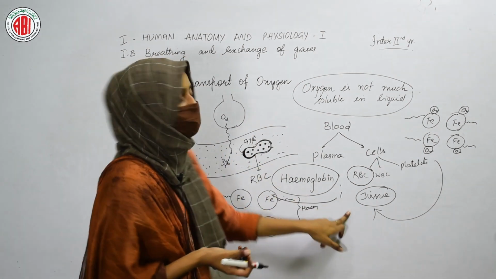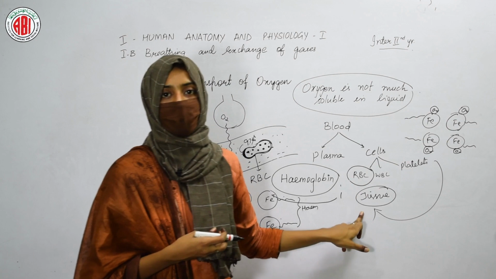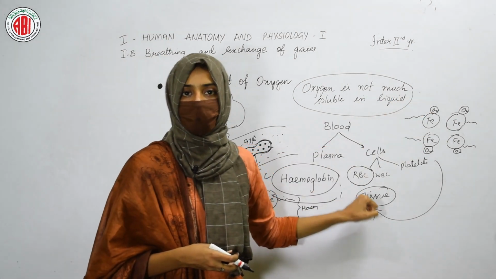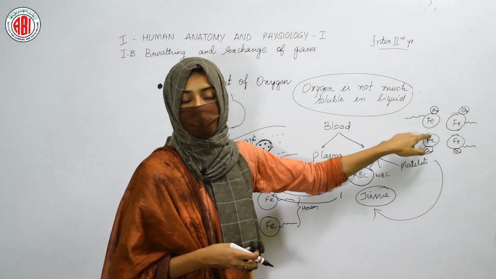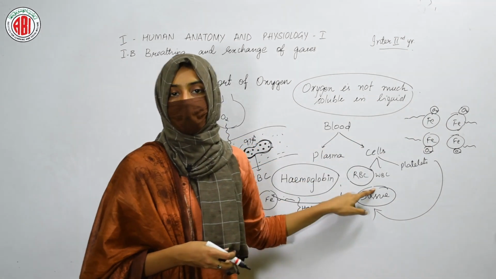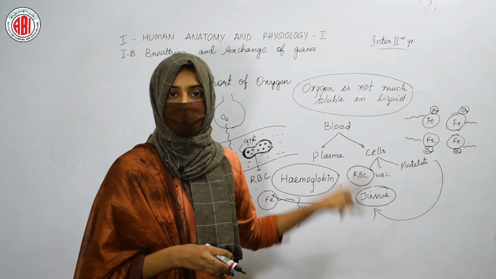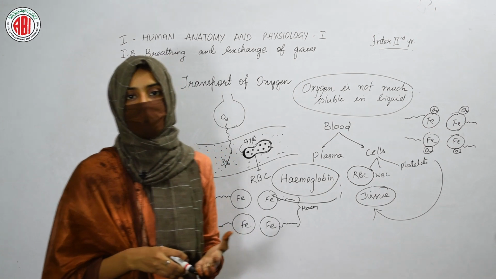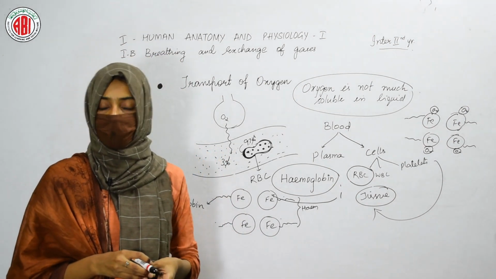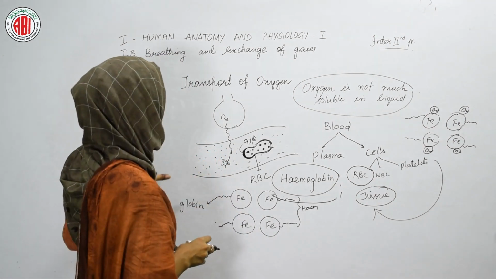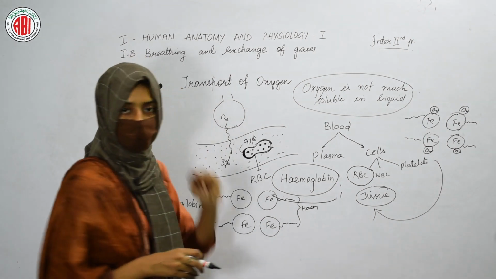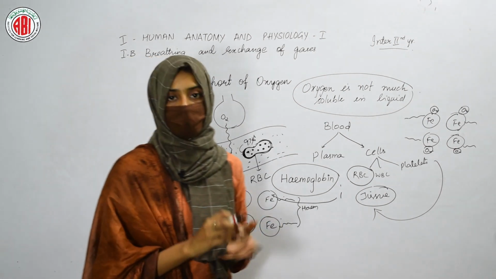But when the tissues require oxygen, at that time the oxygen leaves the heme group of the hemoglobin, and it can enter into the tissues. That oxygen is utilized by the tissues to form ATP, the energy molecule. This is about the transport of oxygen, and this is how oxygen transport takes place.